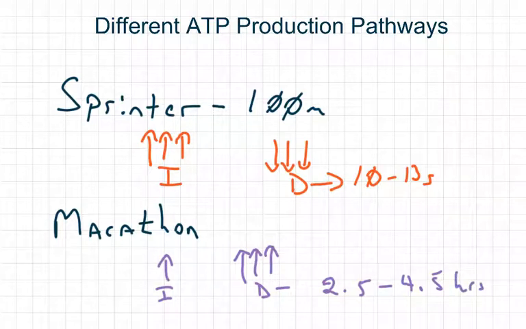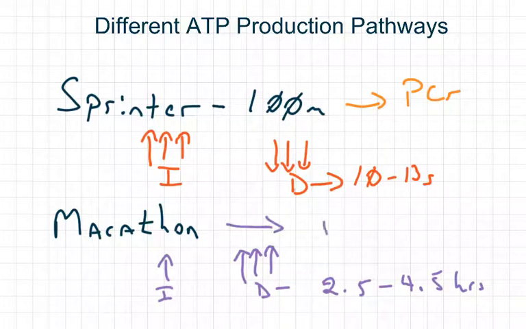And when we look at these two different athletes, they're going to be utilizing two different energy pathways. The sprinter is going to be using more of the phosphocreatine pathway, and the marathon runner is going to be utilizing oxidative phosphorylation. What is being demonstrated here is the energy pathway is highly dependent on how intense and the length of the exercise or the activity is.